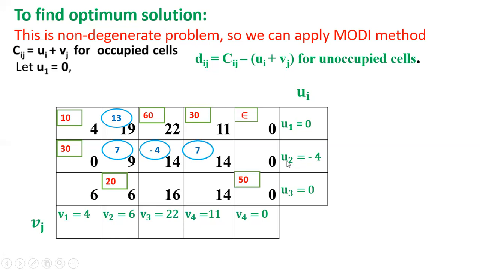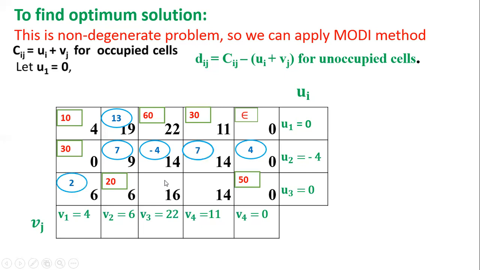Again next one is minus 4 plus 0, minus 4. 0 minus of minus 4 equals plus 4. Again next corresponding value cij is 6. 6 minus (0 plus 4), close the bracket, gives 2.